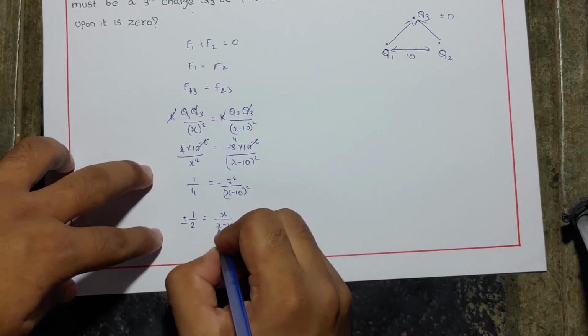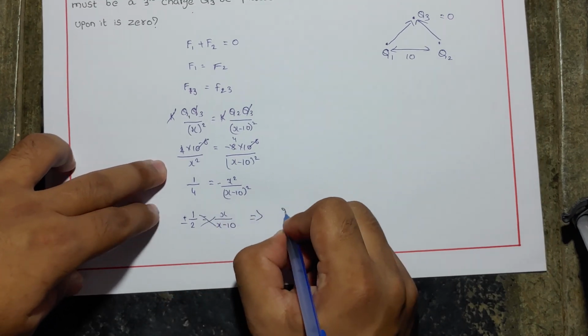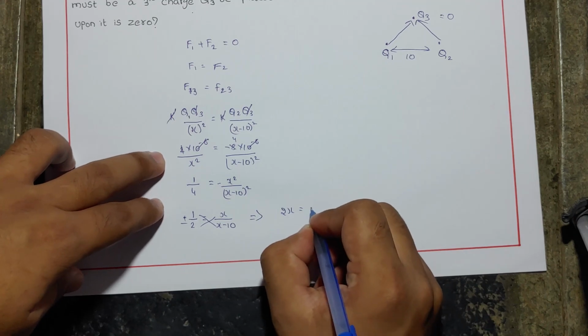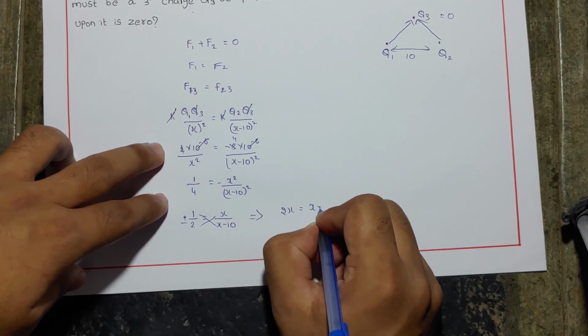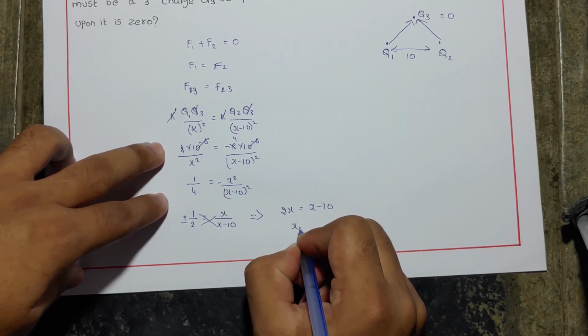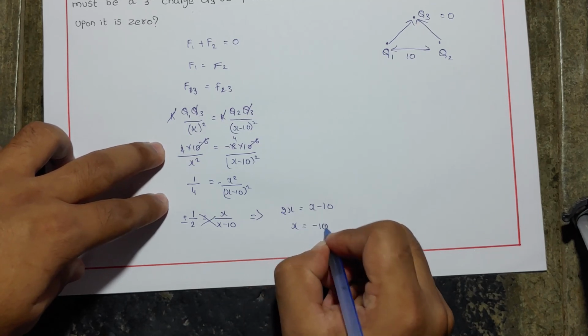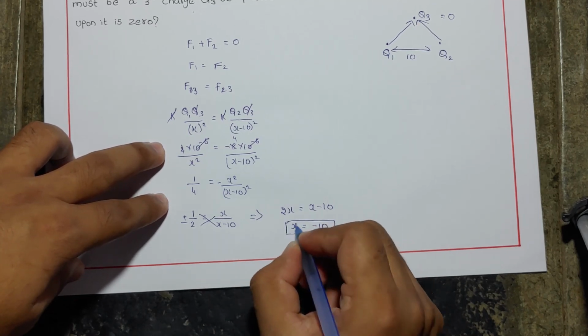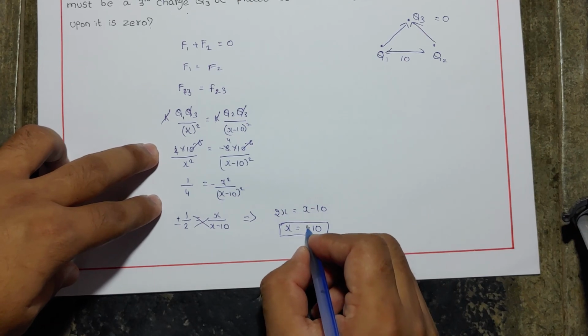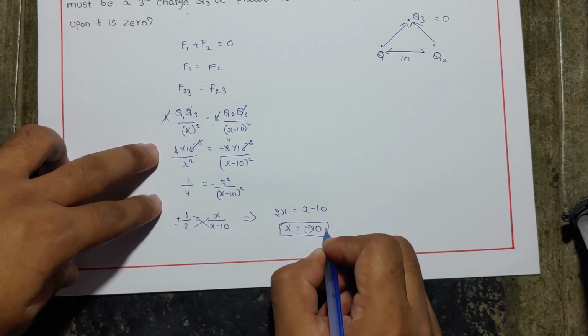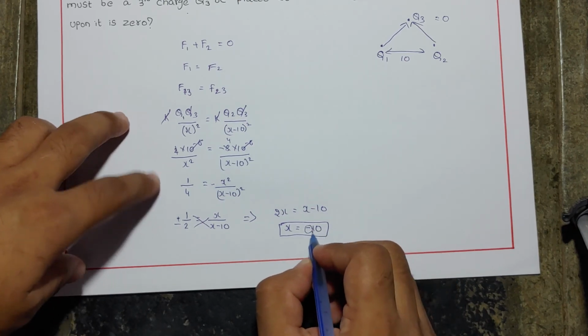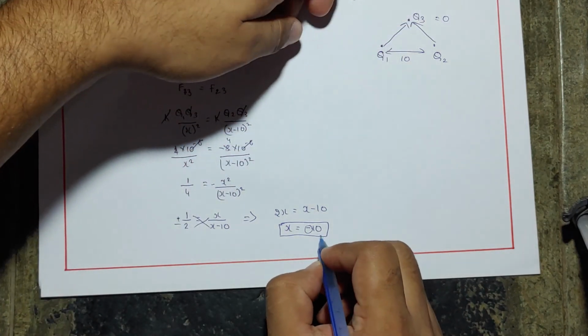That implies, let us do cross multiplication: 2 times x is equal to x minus 10, which gives x is equal to minus 10, that is the direction of minus, and 10 is the distance of the charge x.